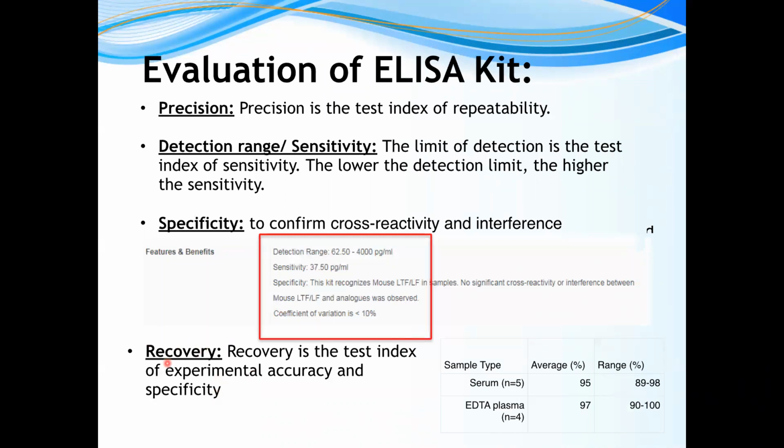It is determined by spiking levels of analyte throughout the range of the assay in various matrices. The samples were further diluted to perform the recovery rate. The recovery rate was analyzed here, as you can see in the percentage. The higher the recovery rate, the higher the accuracy of the kit.